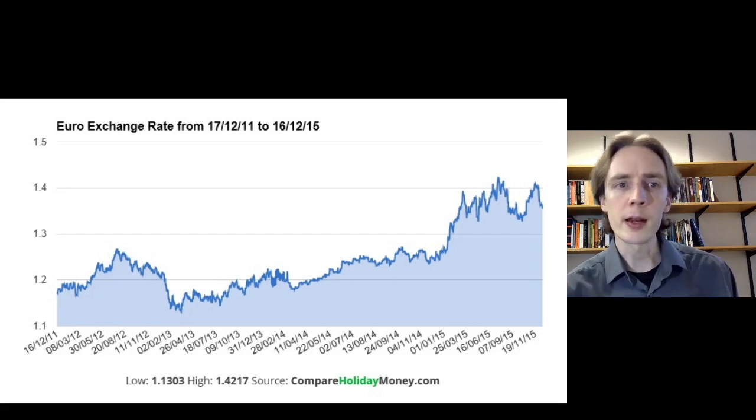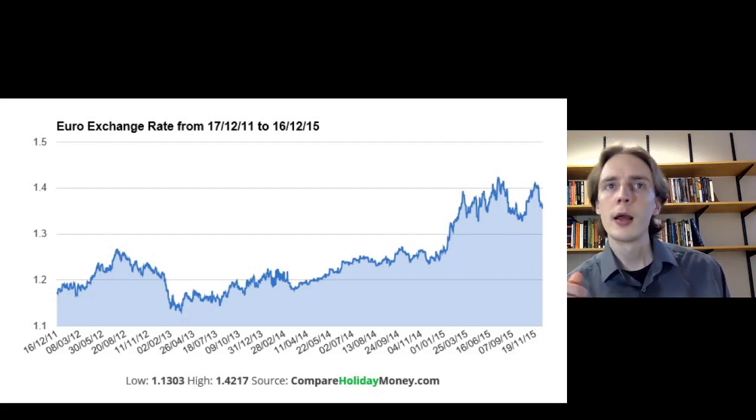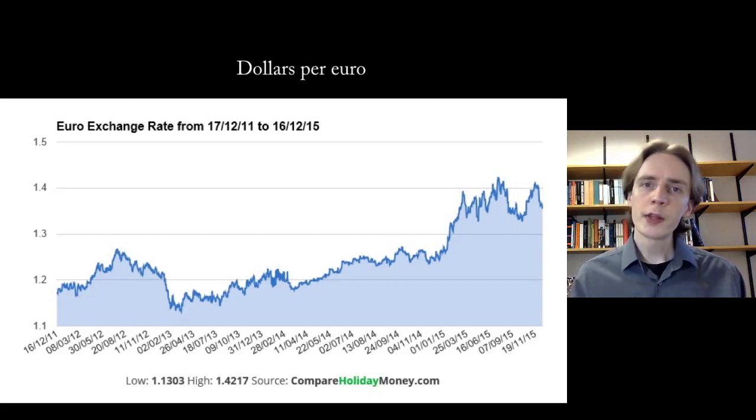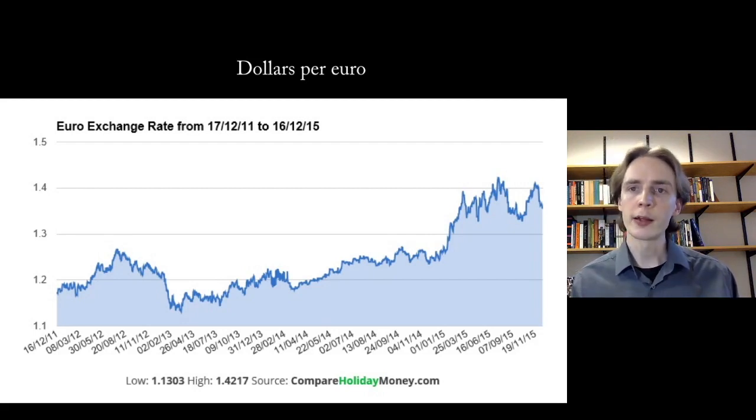So this is the exchange rate between euros and dollars from 2011 to 2015. Given that we're looking at numbers like 1.1 to 1.4, is this going to be euros per dollar or dollars per euro? Well, this is going to be dollars per euro. So this is actually correct from the perspective that we want to take. Our home country is going to be in the numerator.